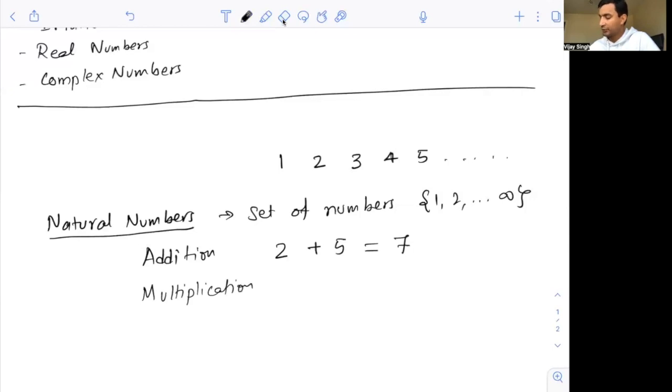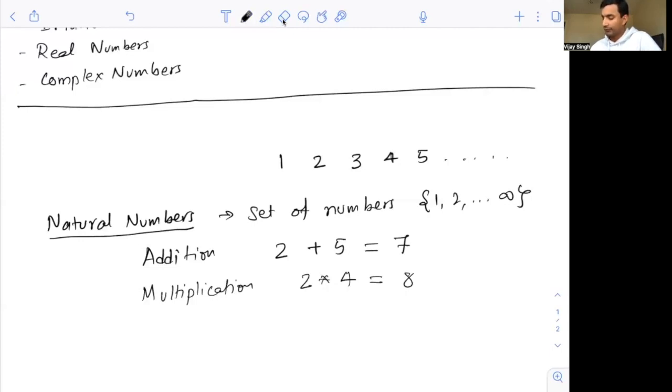So you can take a natural number, let's say 2, and multiply it with another natural number 4. You will get 8, which will also be a natural number. So if you add or multiply two natural numbers, you'll get another natural number. So in that sense, these operations are closed on natural numbers.